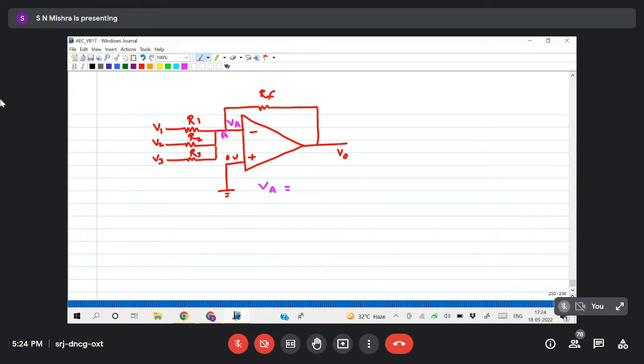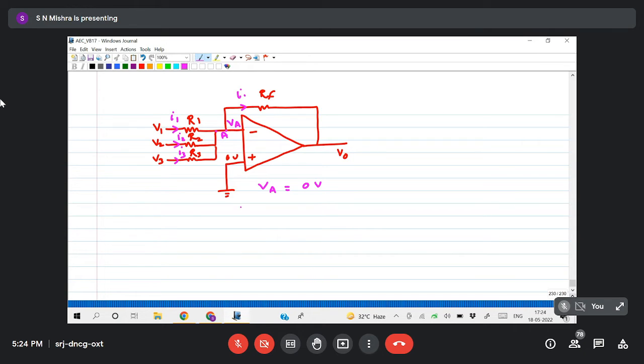One terminal is grounded, which means the other terminal will also act as ground, so this is also 0. Then some current will flow here. Let us assume this is I1, this is I2, this is I3. Current will not flow into the op-amp, so it will bypass through RF. Let us say this is I.